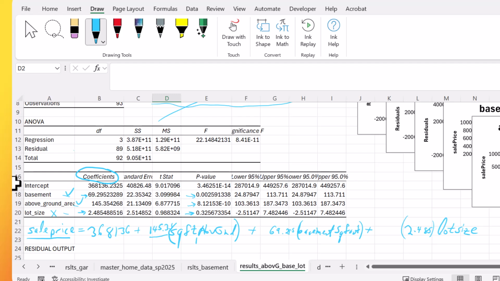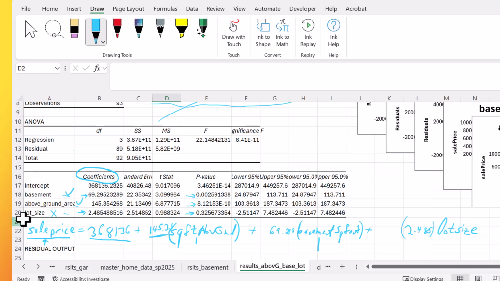So if I wanted to know the sale price of a home, my guess based on my regression model is, well, I think the value of the home would start at $368,136. For every 1 square foot that I add to the size of the home, I'm going to increase the value by about $145.